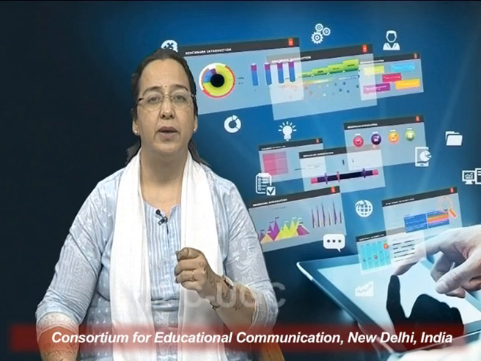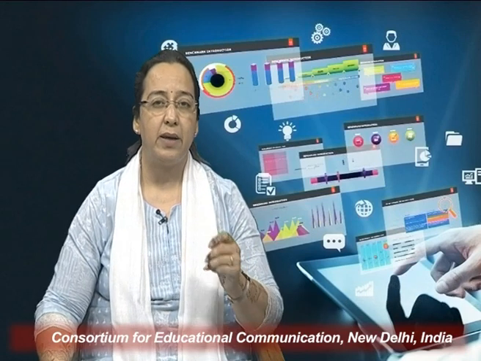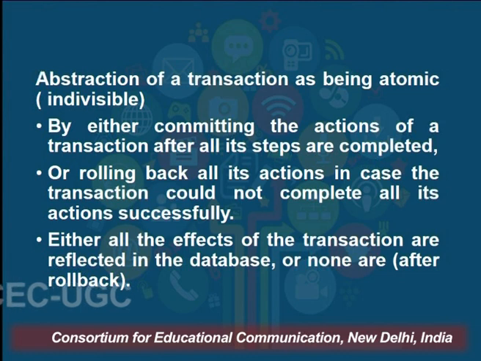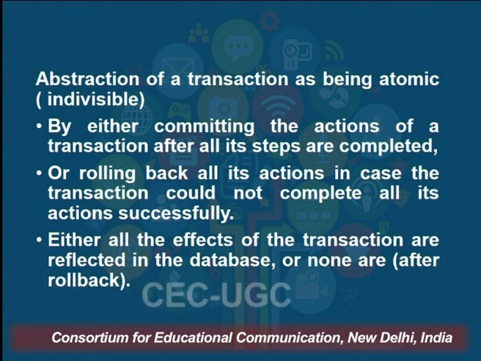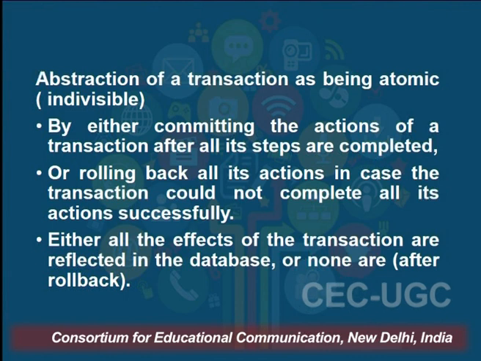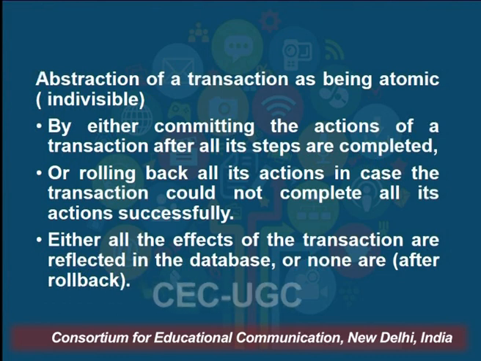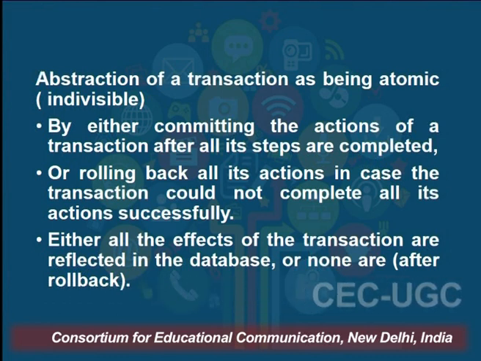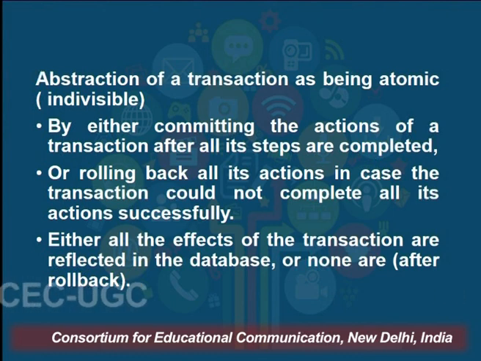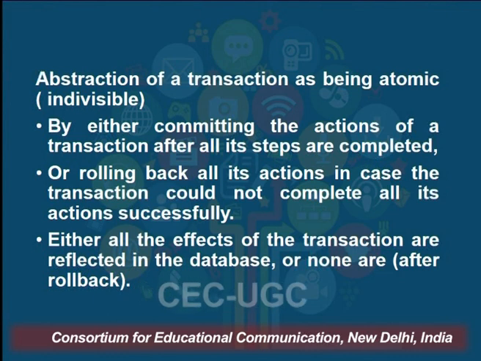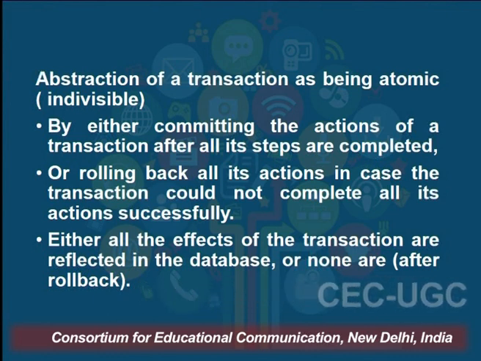Now one thing which is very important here is we have already seen that by committing the actions of a transaction after all its steps are completed, the commit statement should go on, or we are going to roll back all its actions in case the transaction could not complete all of its actions successfully.